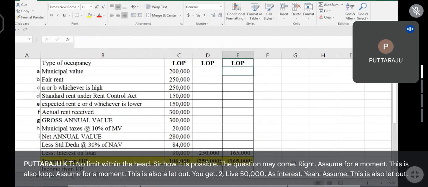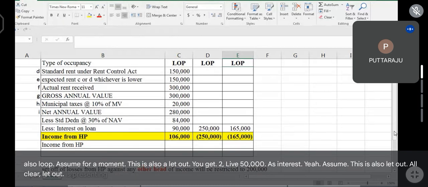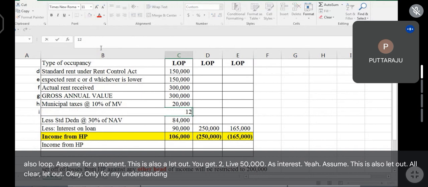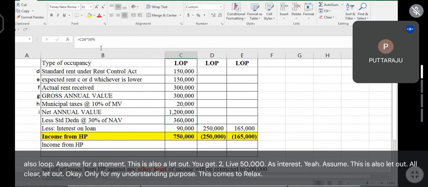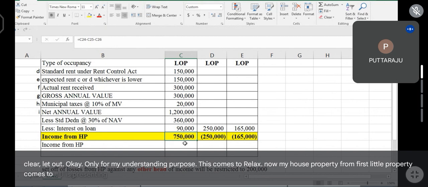All three are let out. Only for my understanding purpose, this comes to 12 lakhs. Now my income from house property from the first let out property comes to 7,50,000.